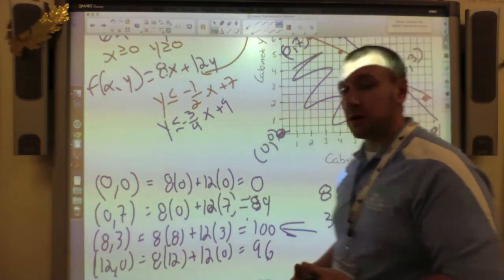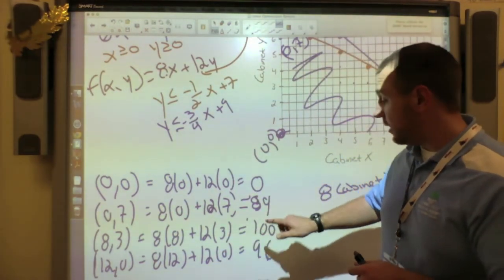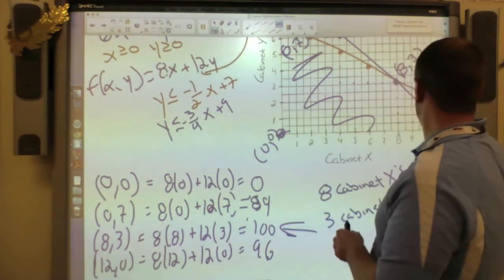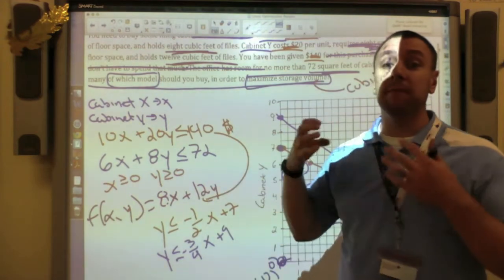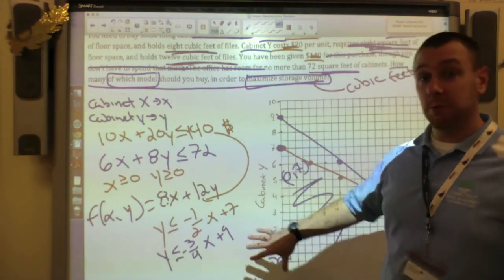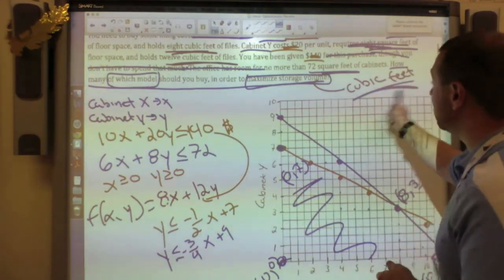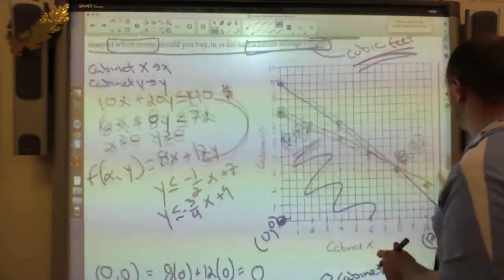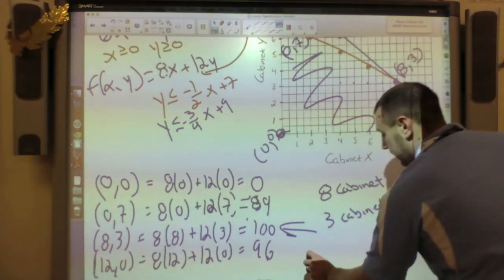Because that is my storage. I'll get 100 cubic feet of storage if I have that. Because remember, my maximizing function is in volume. It's not money. I'm trying to maximize volume. And you might have saw that I did make that mistake. But I'm actually asking about cubic feet. That's what I want. So that's my cubic feet right there. Okay? That will maximize my volume.